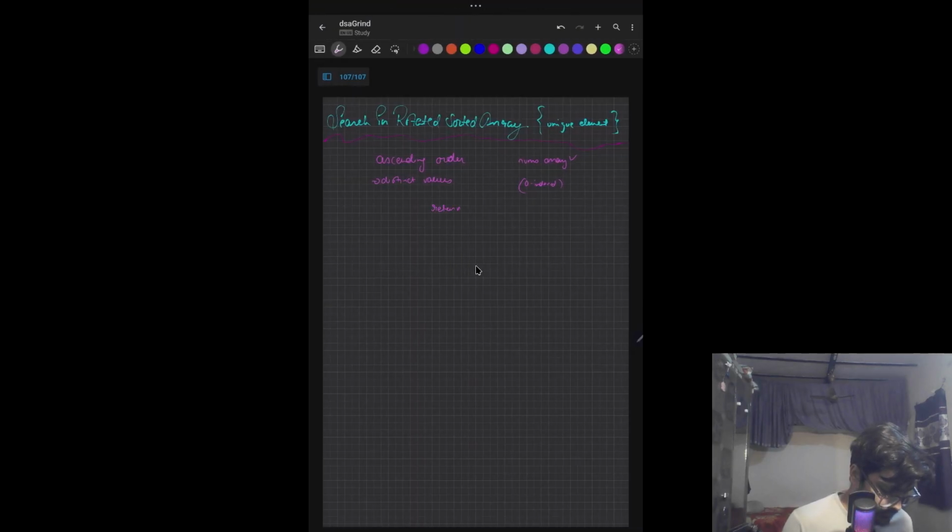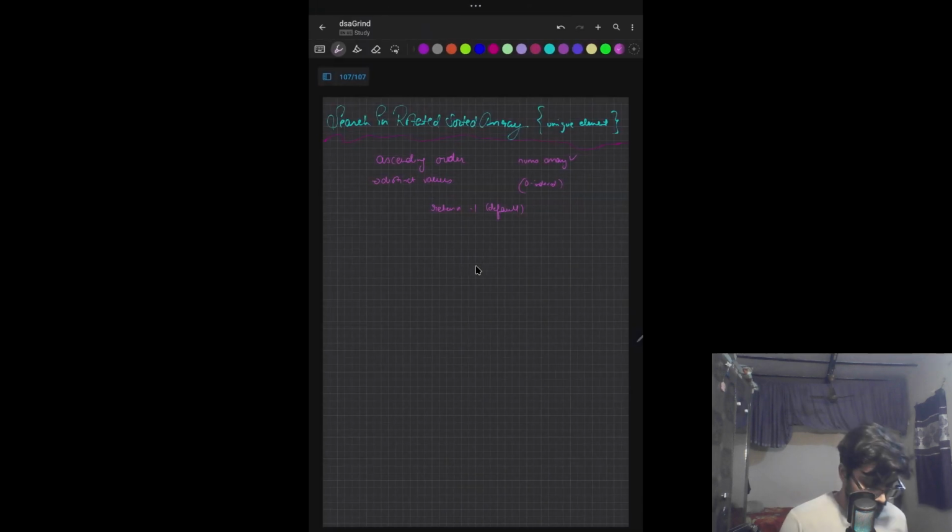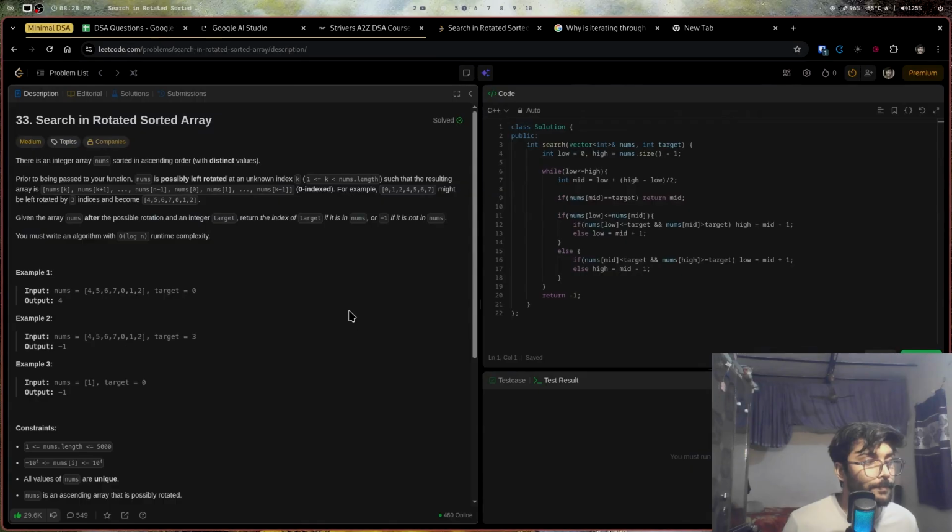Return -1 by default. You must write an algorithm with O(log n) time complexity, which obviously is binary search. So it's binary search. Everyone knows that. Cool, so nothing new.